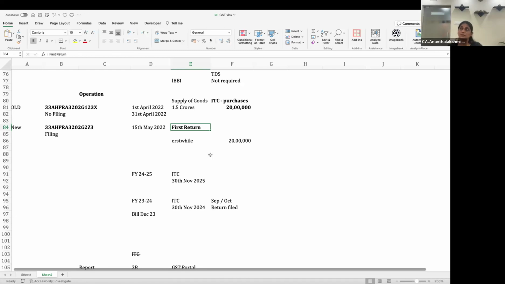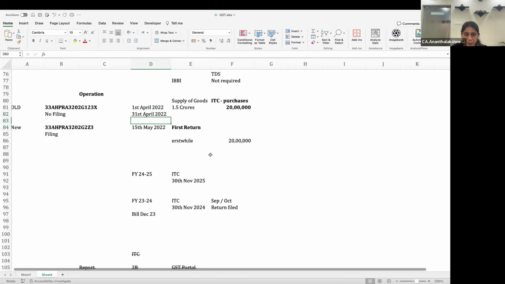So when do we need to file that return, within 30 days, 15 days, 10 days? That is not specifically given. For other returns, it is the 20th or the 10th or 11th of the following month, according to the turnover. But here, the first return needs to be filed immediately after registration is given.